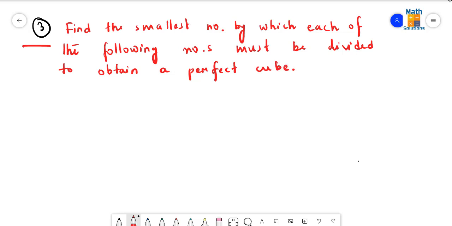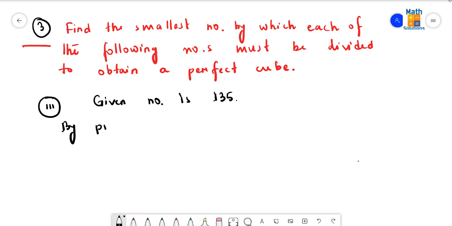So here also there are 5 numbers given. I shall be picking up last 3 numbers. Starting with Roman 3, the given number is 135. By prime factorization, what do I get? 135.